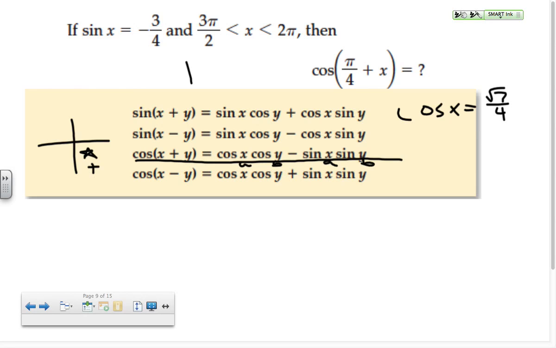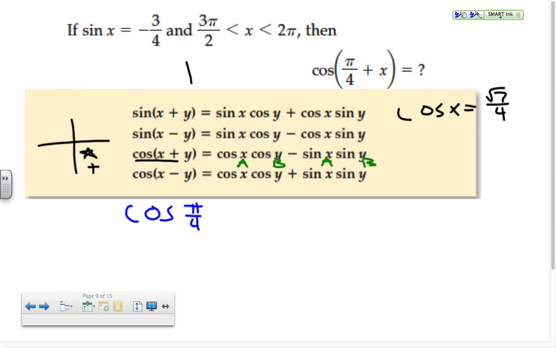Sometimes it's hard to see. Okay, I'm going to call this A. I'm going to call y B. A and B. All right. So we're going to go cosine of A, cosine B, sine A, sine B. So cosine of A is the cosine of pi over 4.